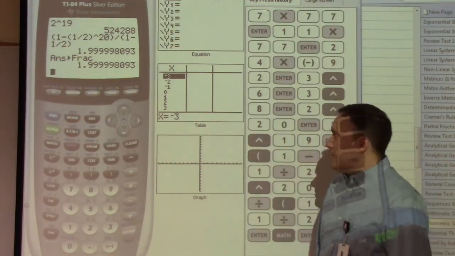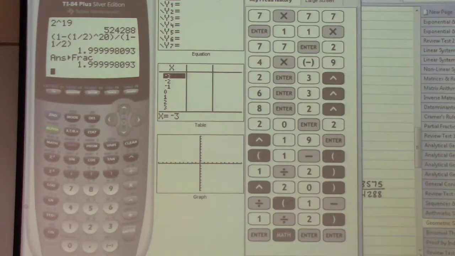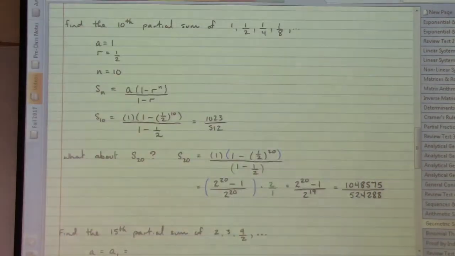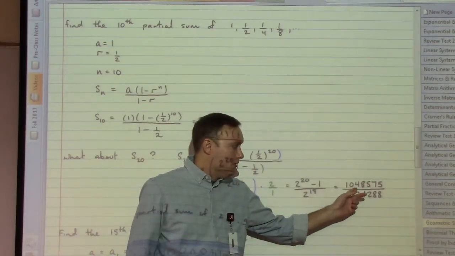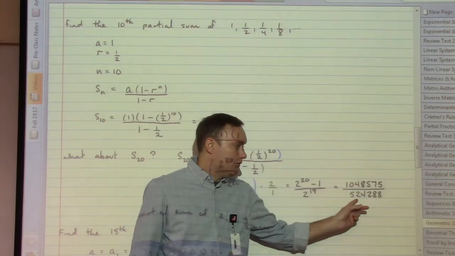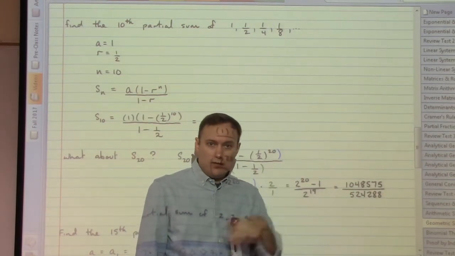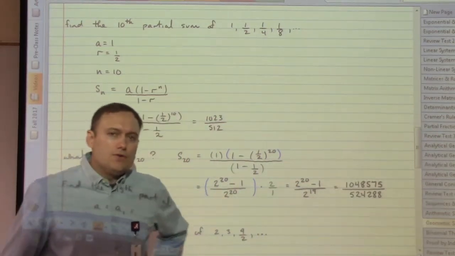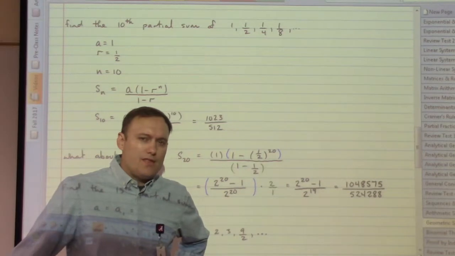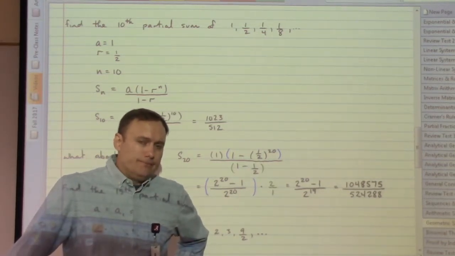That fraction was, in its exact form, 1,048,575 over 524,288. That's an exact answer. The calculator wasn't spitting that out, even when I tried to be a little bit clever about using calculator features to come up with that, trying to convert a decimal answer into a fraction answer.